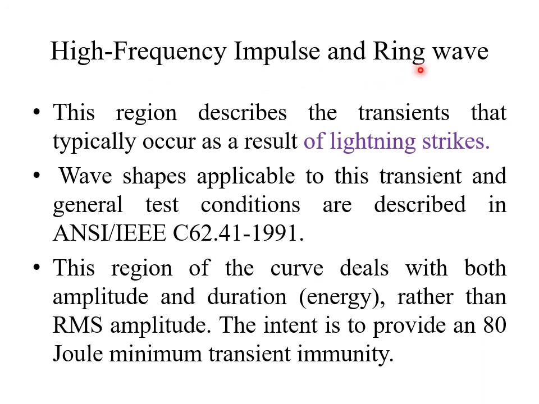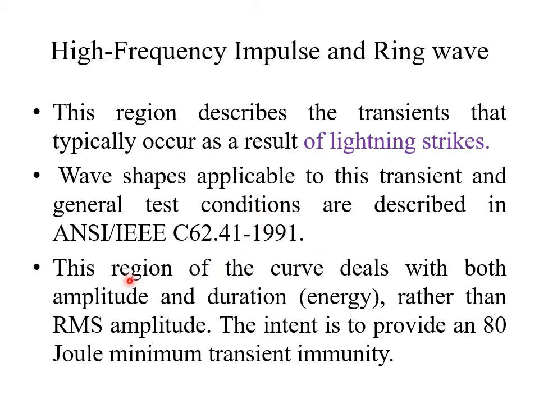High frequency impulse and ring wave, that is called a transient, typically occurs as a result of lightning strikes. Okay, and these details have been captured and described in the standard, that is IEEE C62.41 1991 standard. It is captured in this standard.